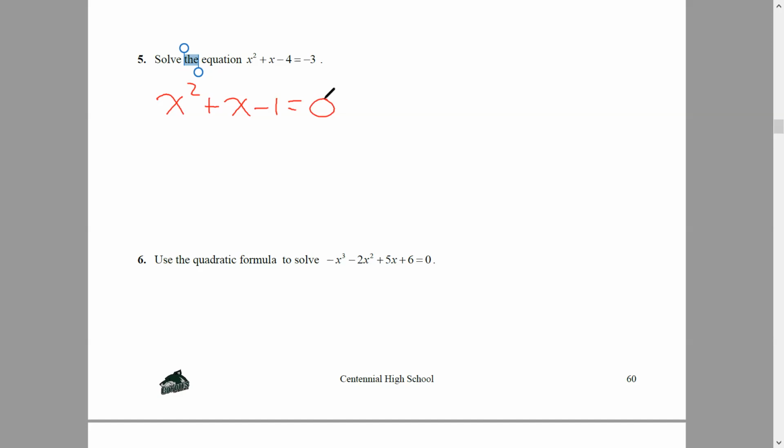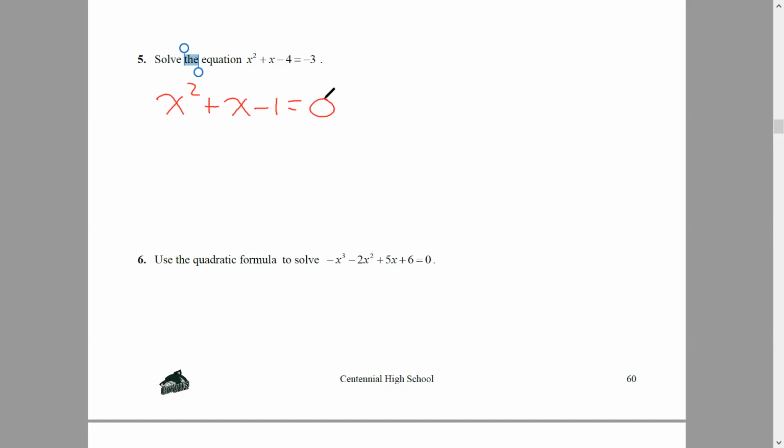But now I look at this thing and I say, okay, two numbers that multiply to -1 and add to +1. Can you think of two numbers that multiply to -1 and add to +1? Well, if you can, you're a better person than I am at math. I can't. So again, we would have to use the quadratic formula here.